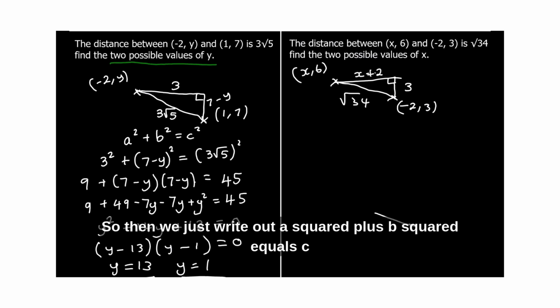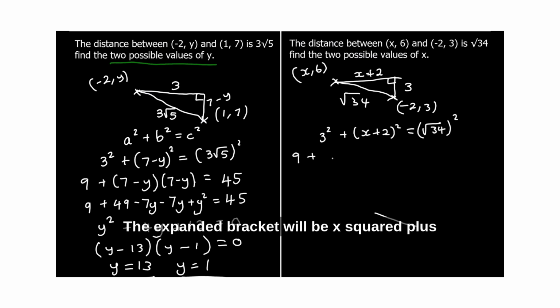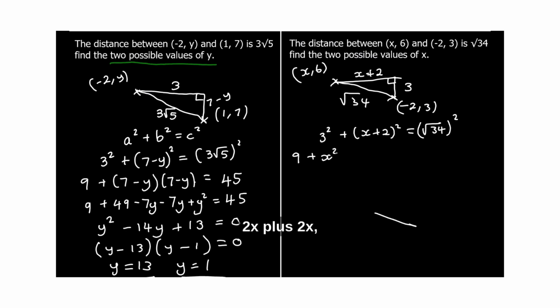So then we just write out a squared plus b squared equals c squared. So 3 squared plus (x plus 2) squared equals square root 34 squared. That'd be 9. The expanded bracket will be x squared plus 2x plus 2x, which is 4x, plus 4.